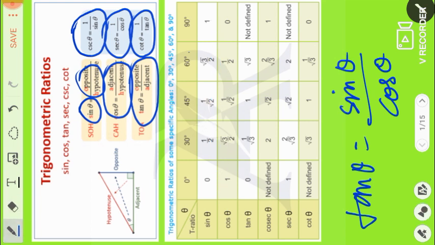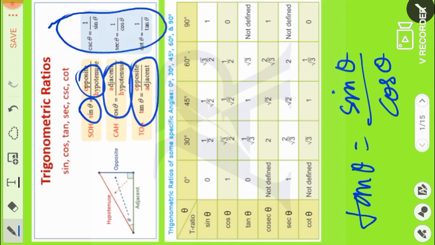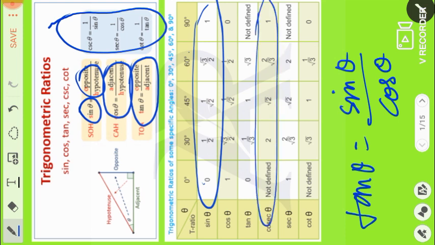In order to find the values of cosecant theta, we know the trigonometric ratios that are given here. That is, cosecant theta is 1 by sine theta. For cosecant theta, it is the reciprocal of sine theta. If you reciprocate the sine theta values, you will get cosecant theta value. Therefore, I will start taking reciprocals of sine theta. 1 by 0, if I do, I will get infinity.